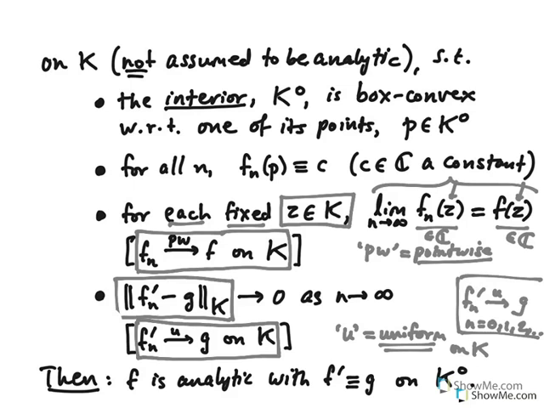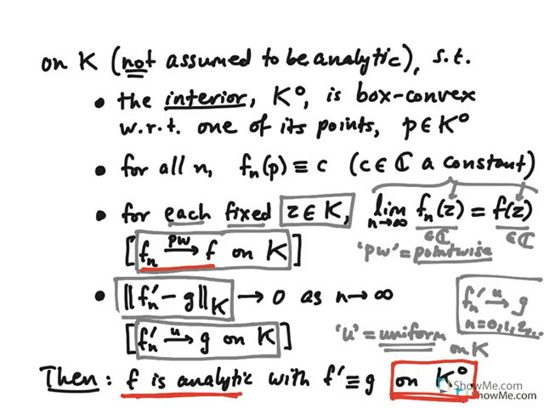All right, well then the conclusion of the lemma is that the limit function f of the original sequence must actually be analytic, at least on the interior of K. We can't guarantee that it's going to hold true on any region bigger than K. To be analytic on K itself, including at the boundary points, would mean being analytic on some larger region that contains K. We can't guarantee that, but we can guarantee that f is at least analytic in the interior of K, which is itself an open set.